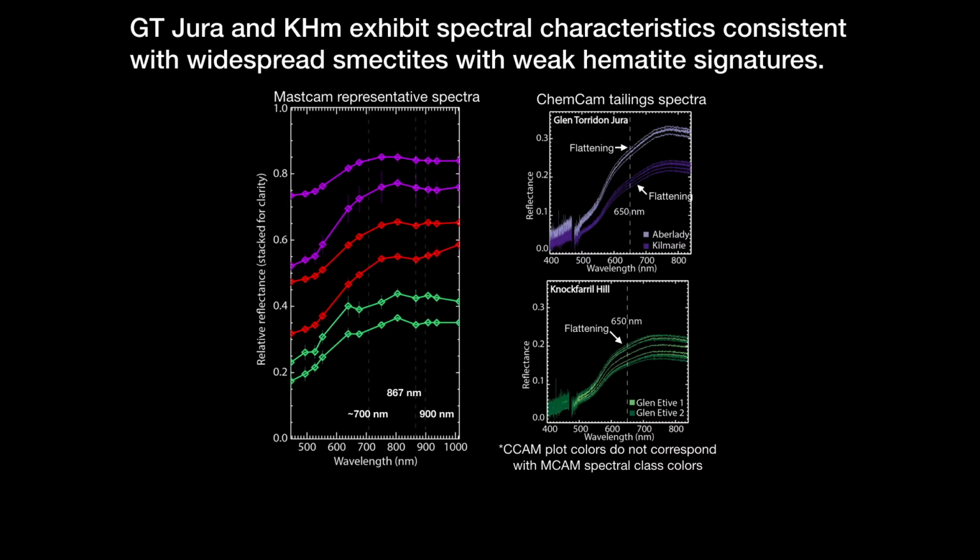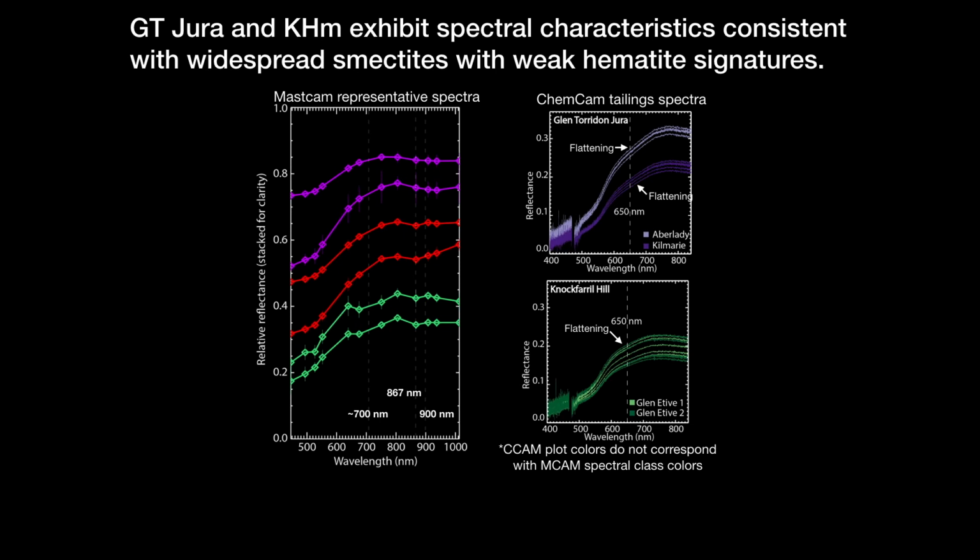Within Glen Torridon, the Glen Torridon Jura and Knockfarrell Hill exhibit spectral characteristics that are consistent with widespread smectites and weak patchy hematite signatures. On the left is the Mastcam multispectral data showing some examples of the different spectral classes observed within these units. On the x-axis is wavelength again with relative reflectance on the y-axis.